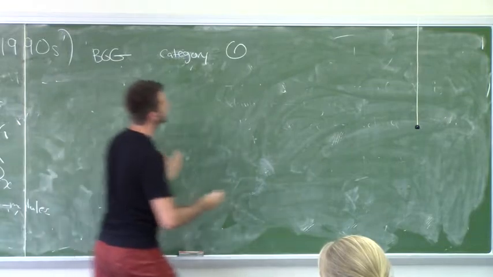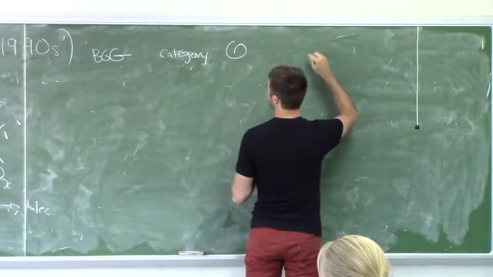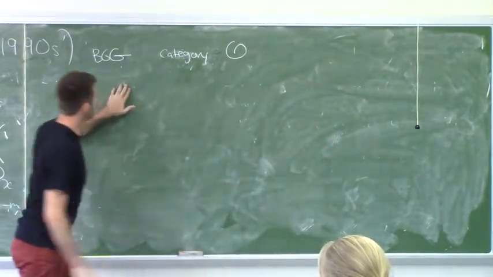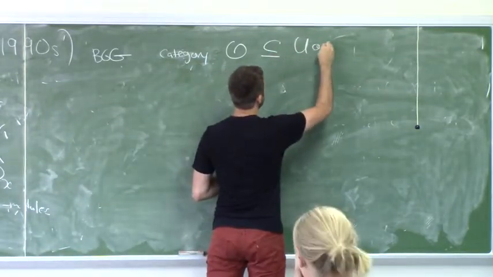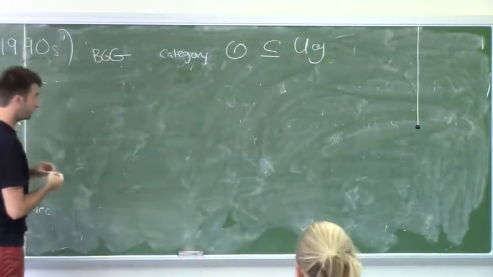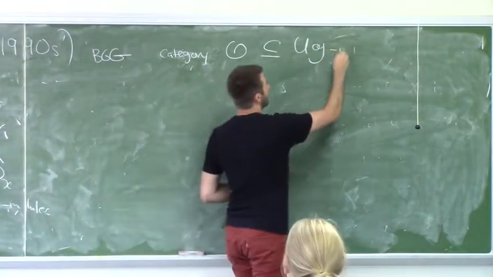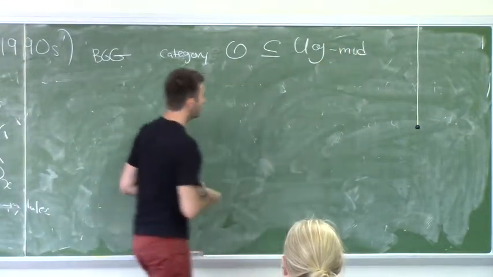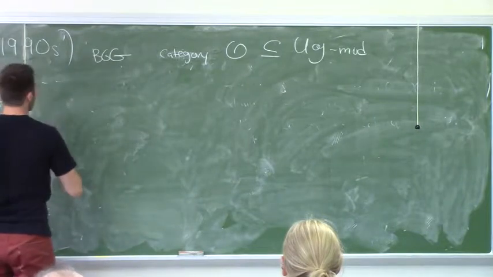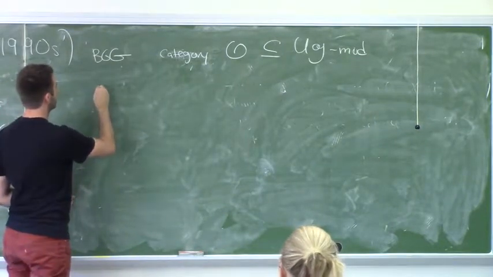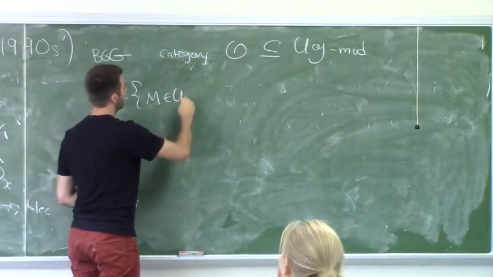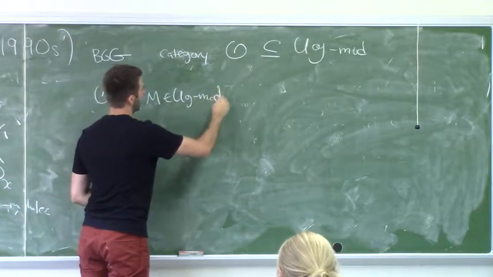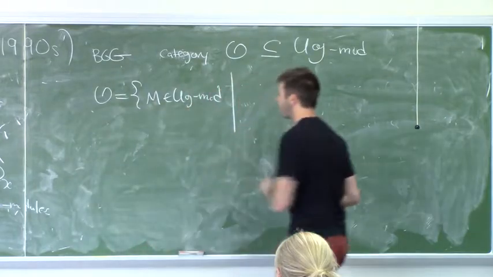This is going to be some particularly nice category of representations of the Lie algebra. Okay, so O is going to be the collection of modules that satisfy the following two properties.